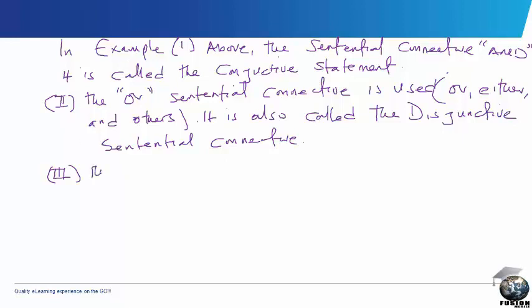Okay, the if-then, you would observe the dotted lines between "if" and "then", meaning that a statement follows if it holds for the other sentence, for the other statement rather. The if-then sentential connective was used.